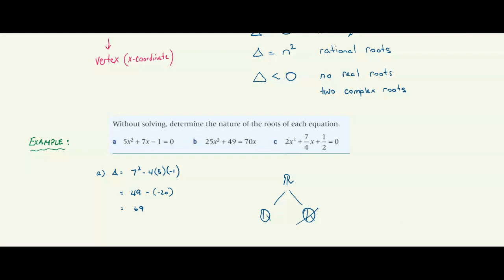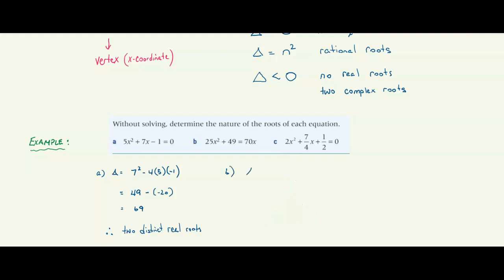So yes, I know they're real, but can I also say they're rational? Well, they're rational if the discriminant is a square number. Is this a square number? No. So I say, therefore, I have two distinct real roots. That's as specific as I can get with this example.